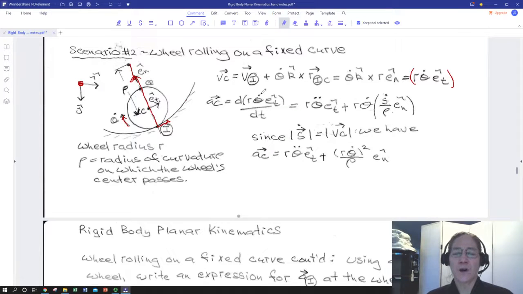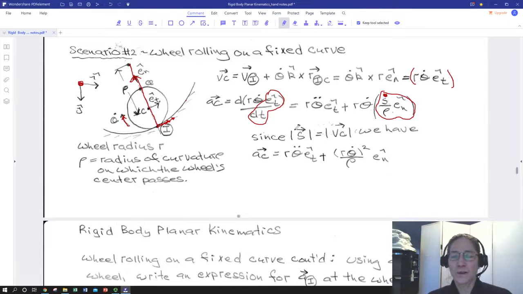Then we're going to have R theta dot times the first time derivative of our tangent unit vector, which we know from our particle kinematics is S dot over the radius of curvature of the curved surface. Okay, and S dot is our velocity along the path.